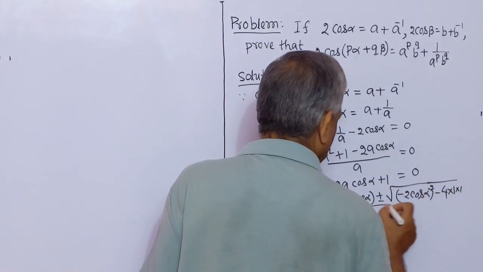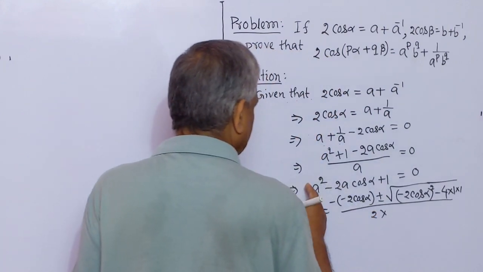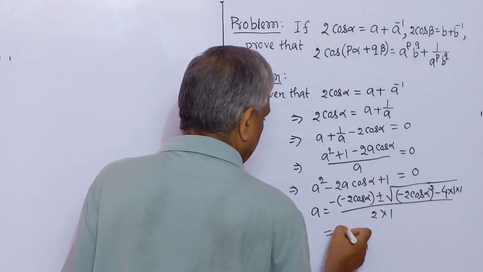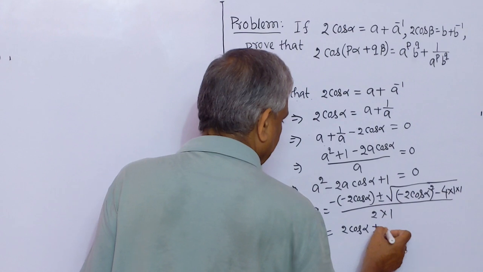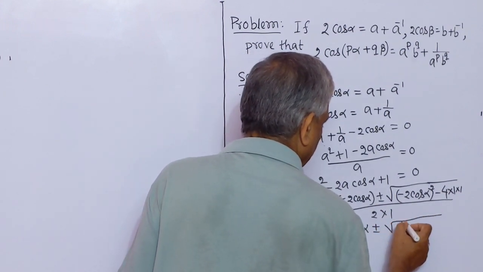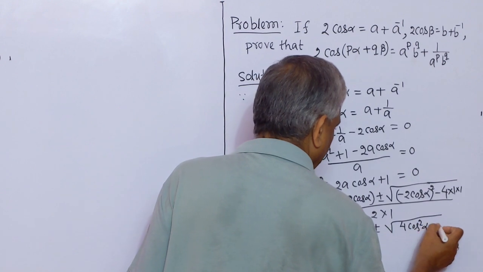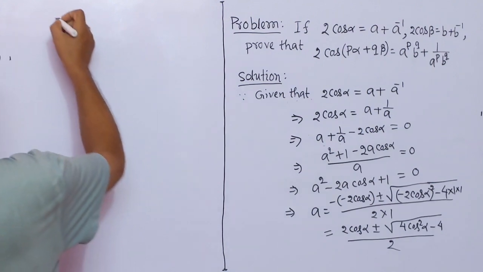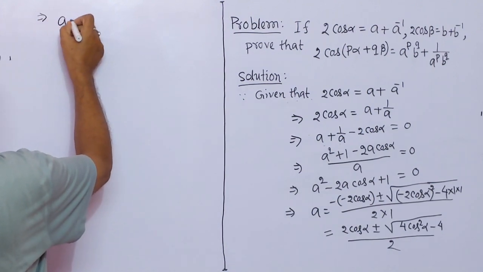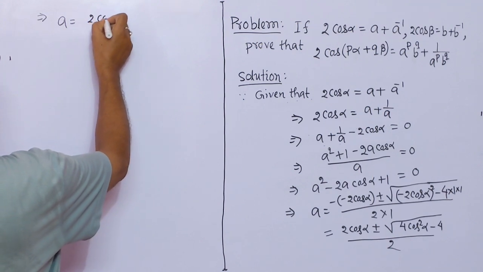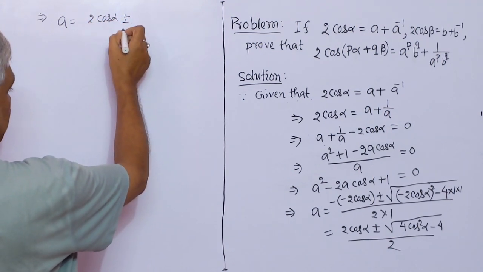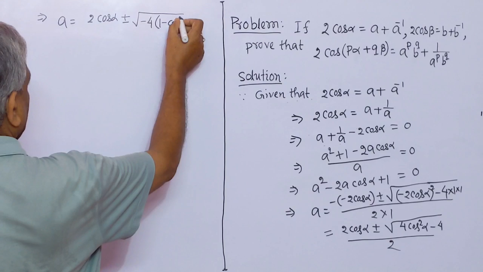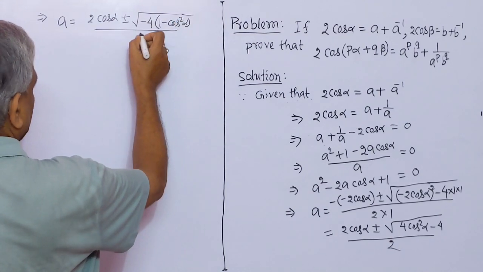This equals 2 cos alpha plus or minus the square root of 4 cos square alpha minus 4, over 2. So a equals 2 cos alpha plus or minus the square root of minus 4 times 1 minus cos square alpha, over 2.